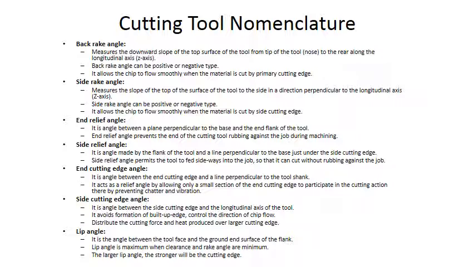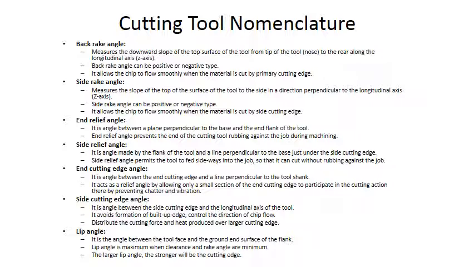Side relief angle is the angle made by the flank of the tool and the line perpendicular to the base just under the side cutting edge. Side relief angle permits the tool to feed sideways into the job so that it can cut without rubbing against the job.